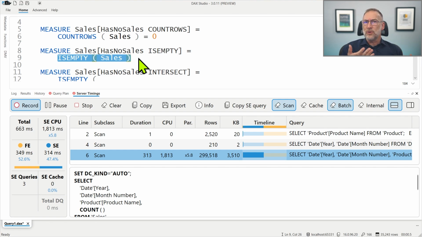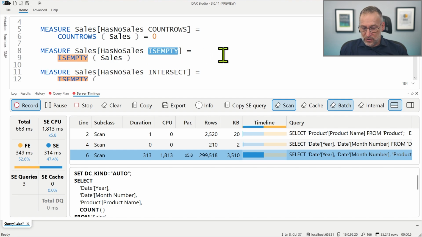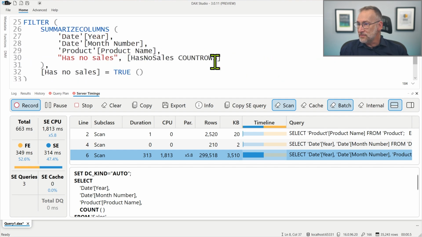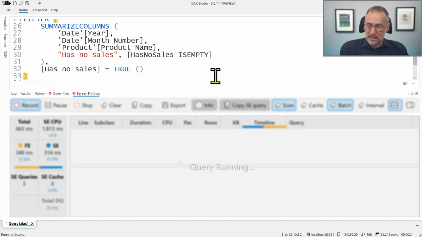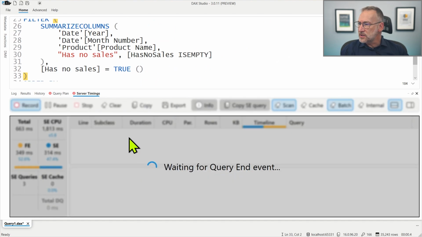It just needs to check whether the combination exists or not in the fact table, because isEmpty returns true only if the combination is not present at all inside the fact table. So our hope is that this version of the query is going to be a bit simpler. Let's give it a try. We have has no sales is empty, and as usual we execute it a few times.